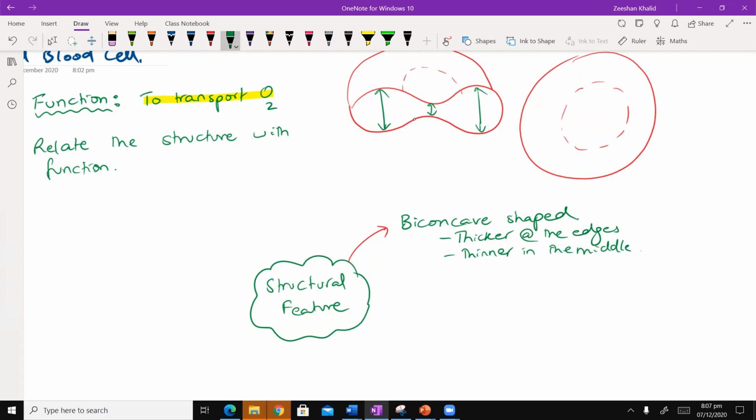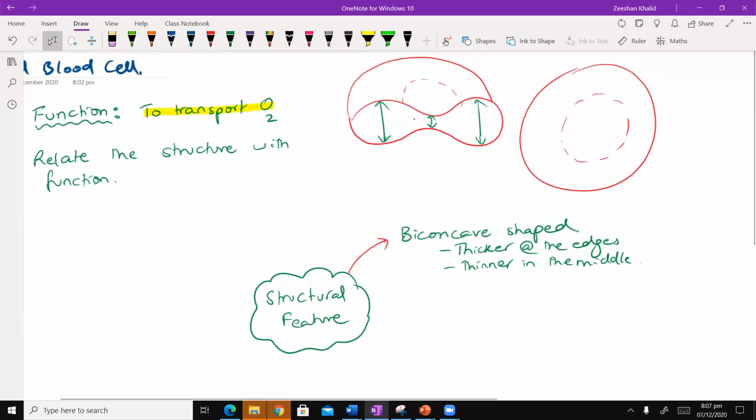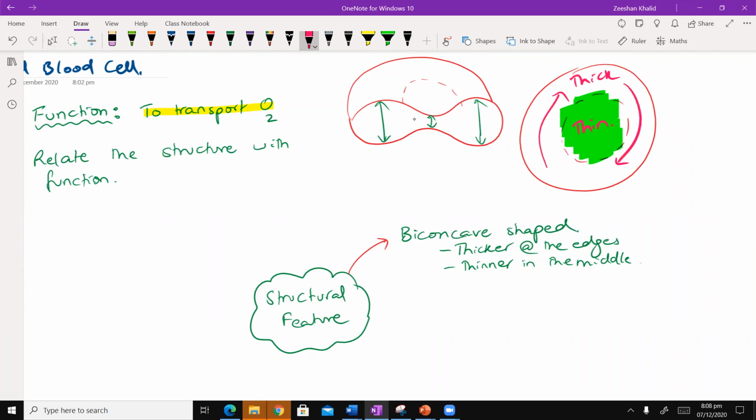So in the cross section, this is basically how it appears. The reason I've drawn dotted lines here, and the reason that I'm shading green, is to represent the thin part of the red blood cell, and of course all of this region represents the thick part.